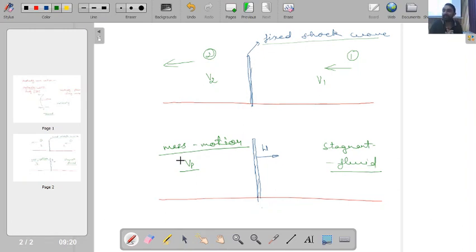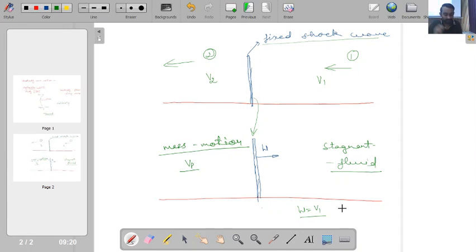If I am getting similar thermodynamic property variations, then I can say that I can have a shock wave of almost the same strength, and the velocity of the shock wave w can be made equal to the velocity of the upstream fluid which was moving. So I can consider that the wave is moving into this stagnant fluid with velocity equal to v1.